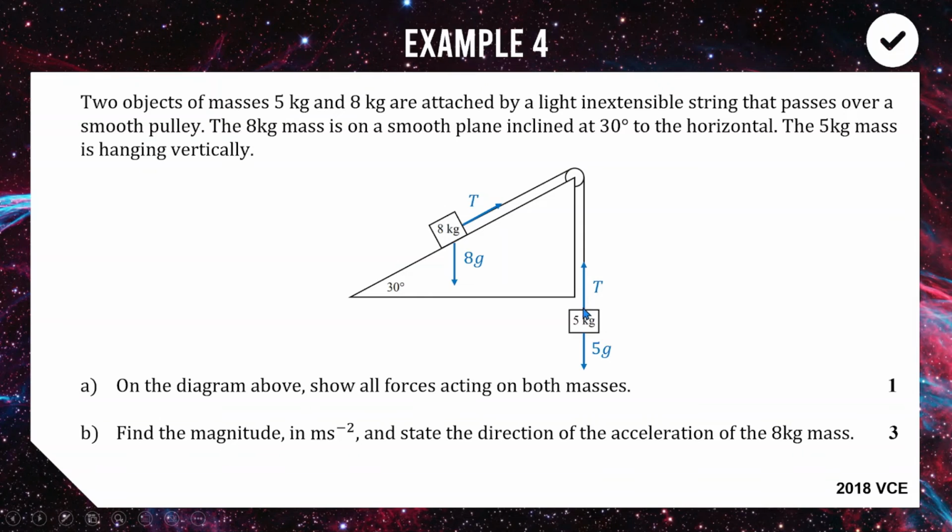So we're just going to write the tension force going up, connecting the two boxes. And now because this box wants to go through the plane and fall down to Earth, but it can't because there's a surface here, there must be a reactive force or a normal force acting perpendicular to the plane. So we've got gravity, we've got tension, and we've got a reactive force off the surface of the plane.